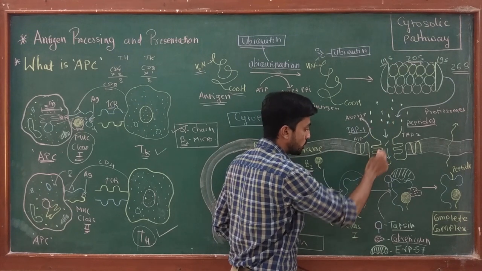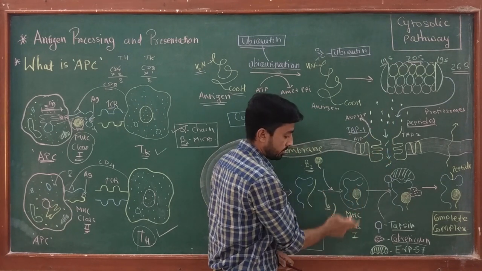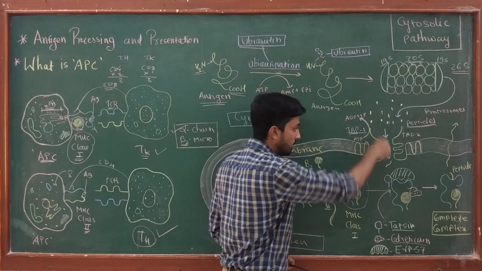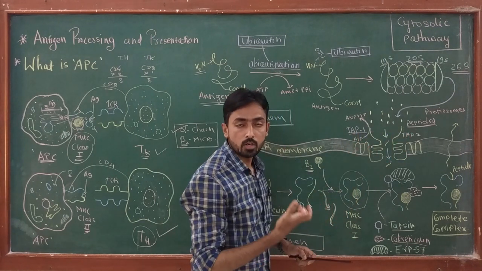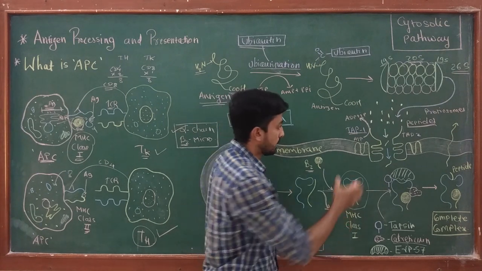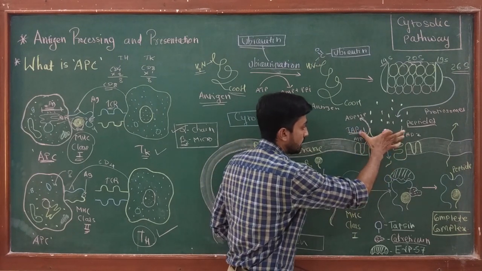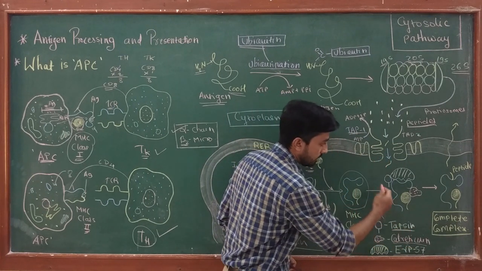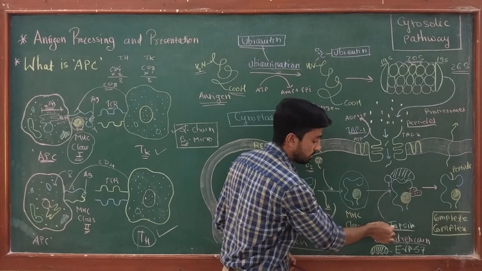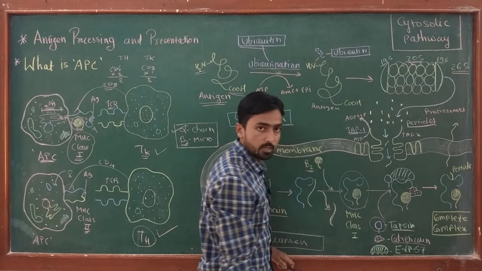This peptide is going to attach to the MHC class 1, and for the entry TAP1 and TAP2 provide the way. Now this TAP1 and TAP2 come in association with tapasin in the remaining pathway. So tapasin is nothing but the TAP associated protein.